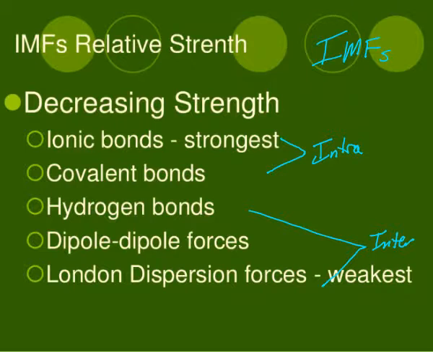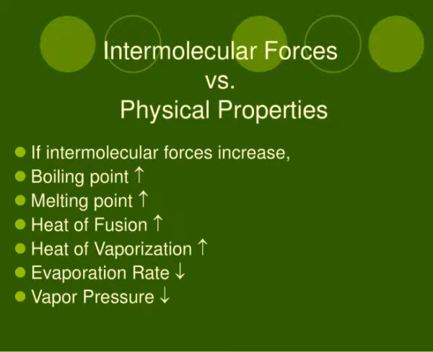Okay? So let's talk about what happens to the physical properties if those forces increase. If our IMFs increase, meaning they go up, all these other physical properties are going to change. Boiling point's going to go up, meaning those particles are going to be held together more and more strongly, so it takes longer for them to escape into the gas phase.